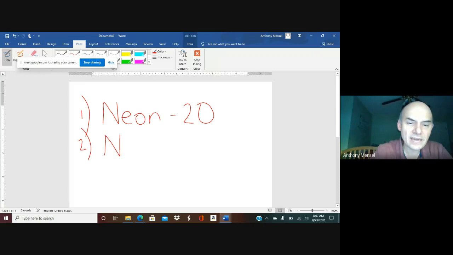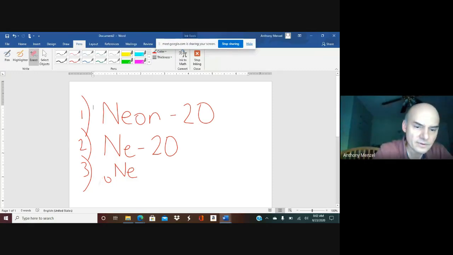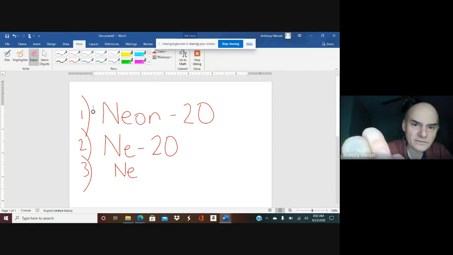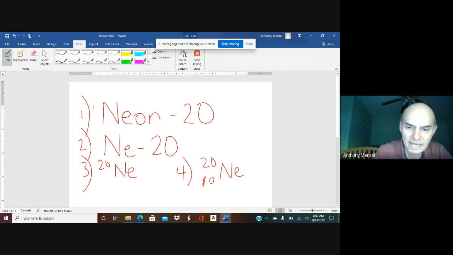You could also use the chemical symbol, Ne, and write it as 20. Actually, the 20 would be on the top in the isotope notation. Or you can put the atomic number in the isotope notation. The atomic number would be on the bottom, and then the 20 would be on the top.